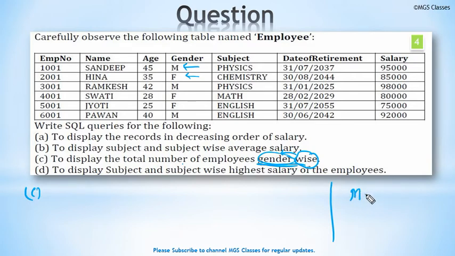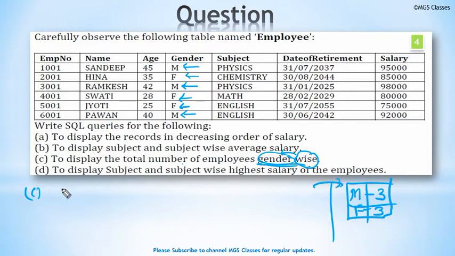How many employees are there with male as gender? 1, 2 and 3 employees have the male gender, and 3 employees have the female gender. So this is the output. He wants you to write the query that will give output like this.